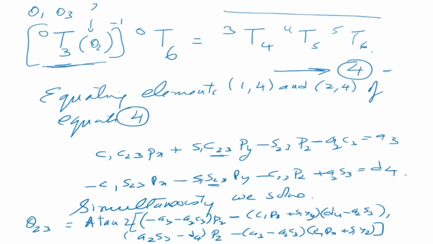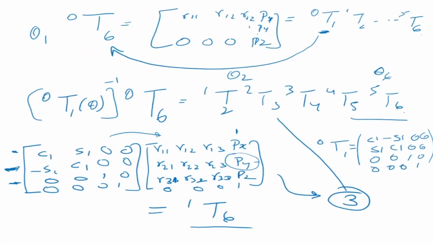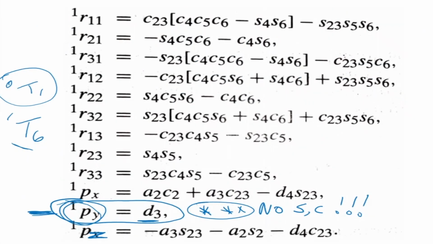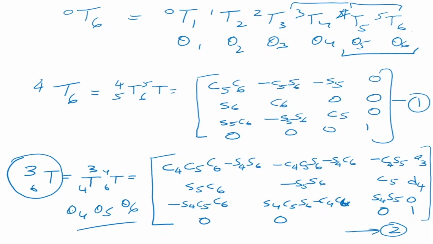So just to go back, we are equating the 1, 3 elements and 3, 3 elements of this. Okay, so what is 1, 3, and on the right hand side we have this, right? So if you go back, 3 to 6, we have just multiplied it some time back, the 3 to 6 matrix. So right at the beginning today we did that.